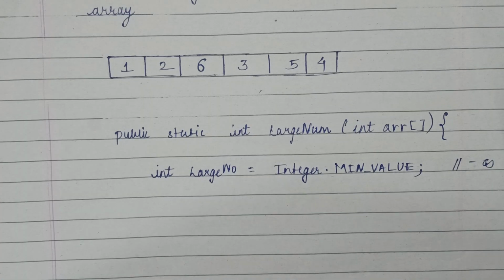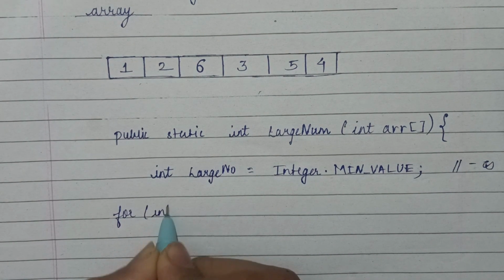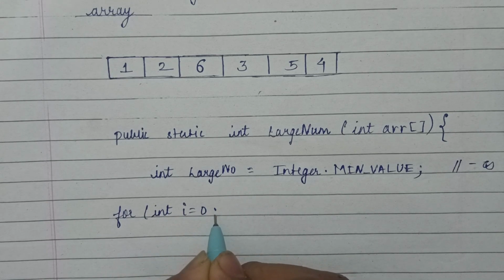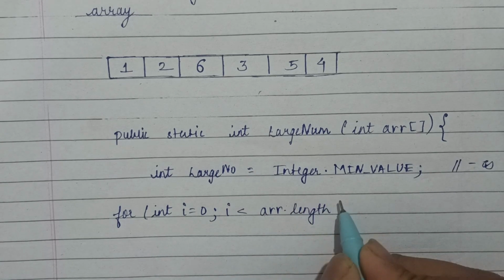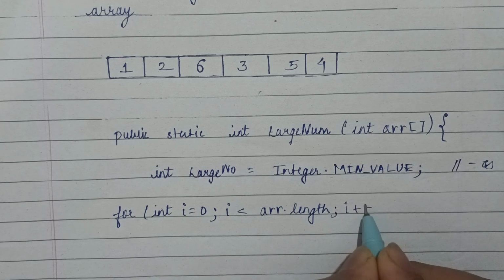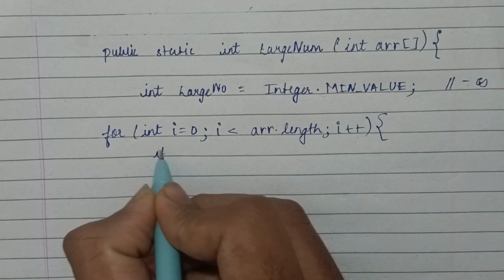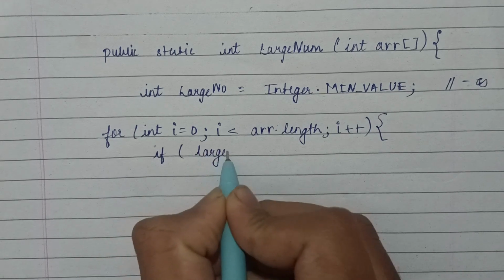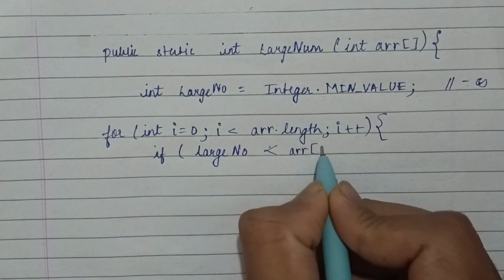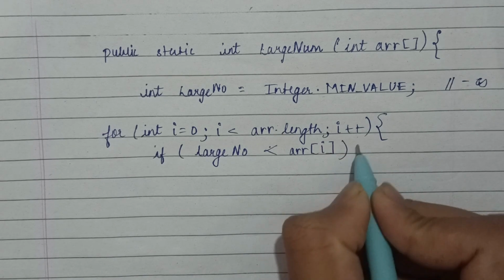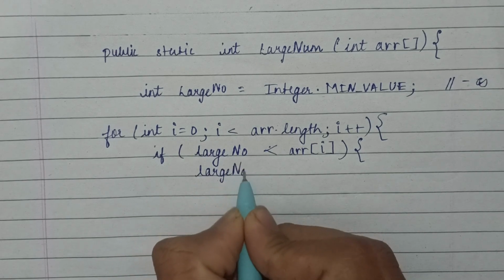Let's run a for loop: for int i = 0, i less than array.length, and i will be updated. In this we have to give the condition: if largeNumber is less than array of i, then largeNumber should be that array of i.